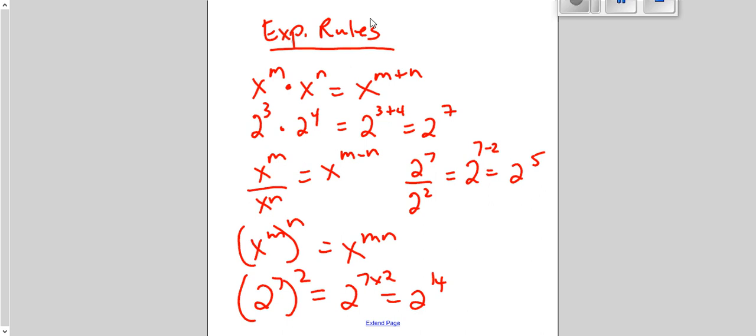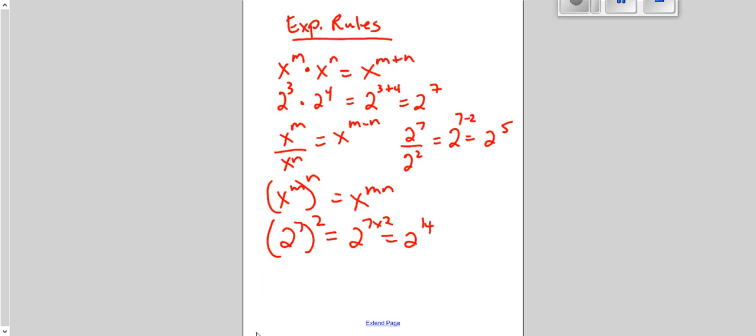Okay, so all of these you saw in grade 9, saw again in grade 10. And then we have what's called negative exponents. Negative exponents don't change any of these rules. The rules are still all the same. The only difference is that if you have a negative exponent, then you can make it positive by moving the term to the denominator.